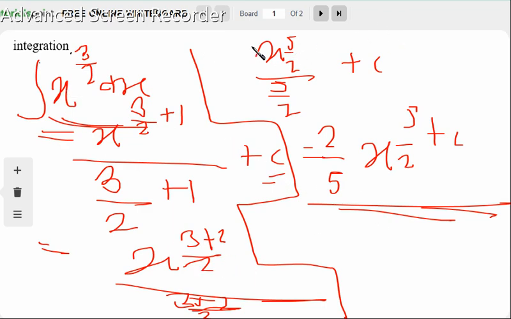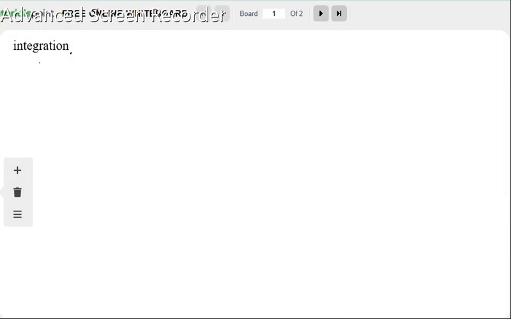Okay, now let's get to the last example. In the third one I will discuss the negative exponent of the power rule, for example, x to the power minus 4 dx.